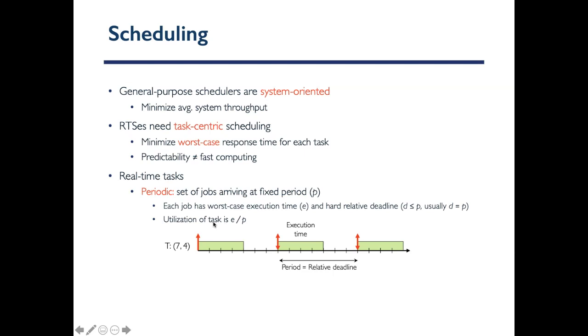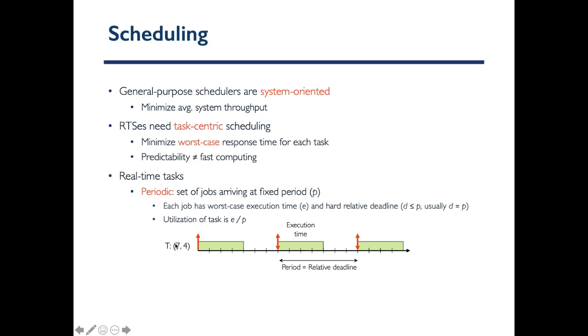And then we define utilization for each task. The utilization of a task is the worst case execution time of its jobs divided by its period. So the jobs inside periodic tasks are basically identical. Identical jobs coming periodically. And each one of them will take some worst case execution time if you wish. So this is how we show T7-4.